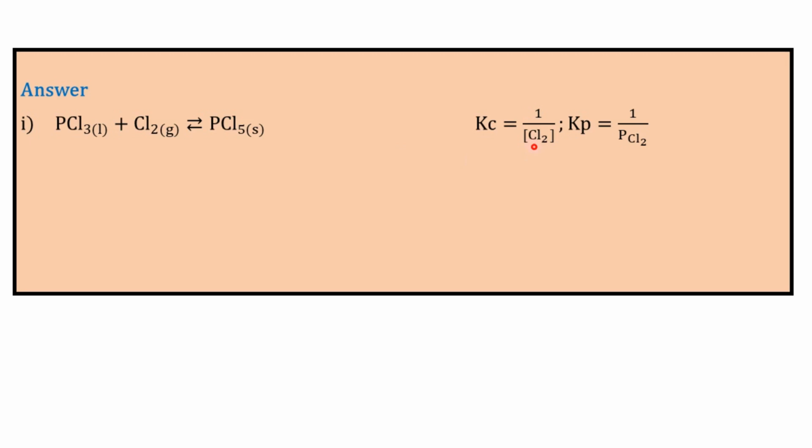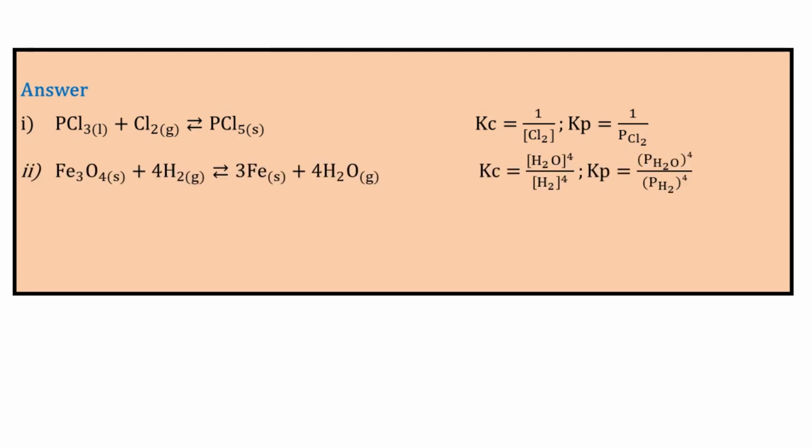If you are going to write Kc, here we put 1 over the concentration of chlorine, because the PCl5 is a solid, and pure solids and liquids we give the value of 1. Then for Kp, rather than using the concentration, we are going to use the partial pressure.